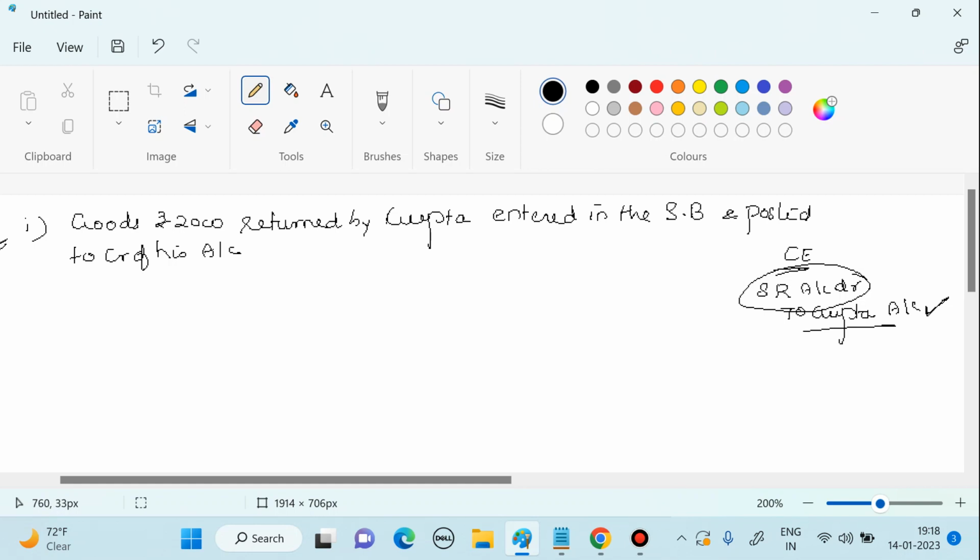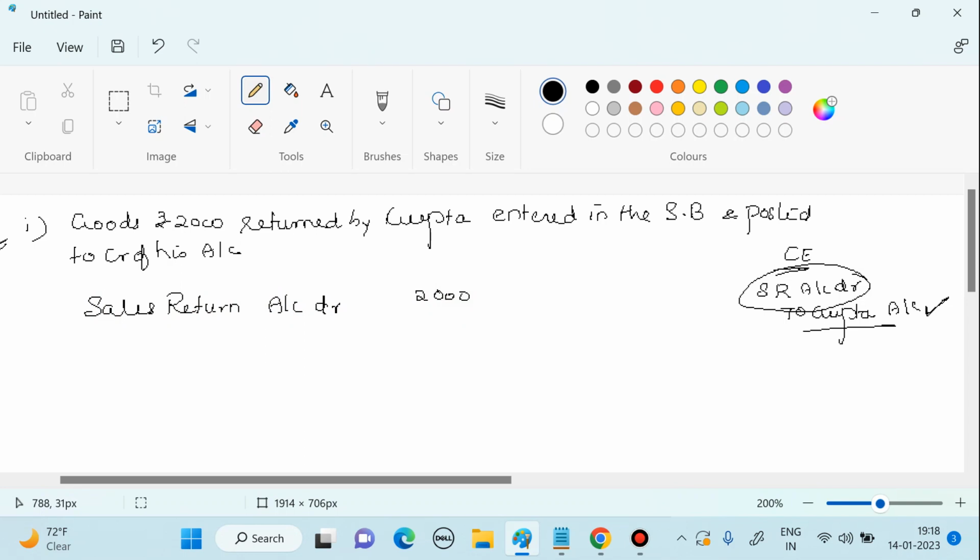The sales got credited. So to rectify it, what are we supposed to do? First thing, it's a sales return, so we have to debit the sales return account with 2000. As it was entered in the sales book, it got credited to sales account.